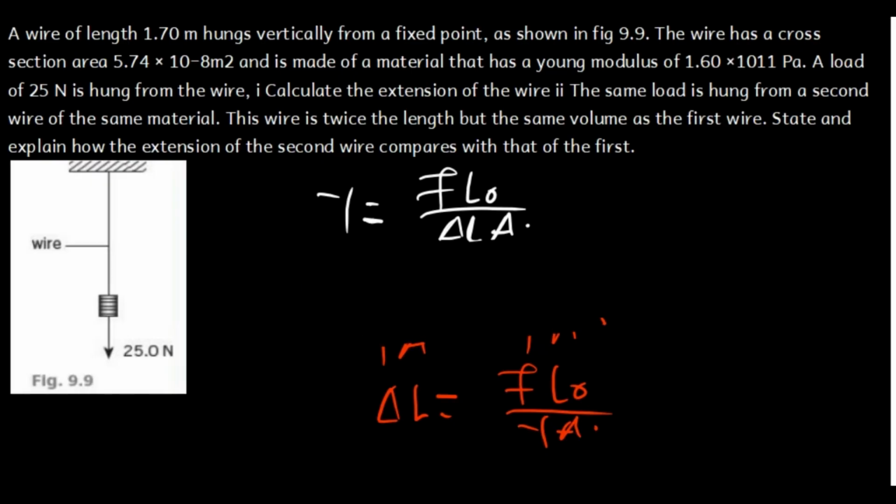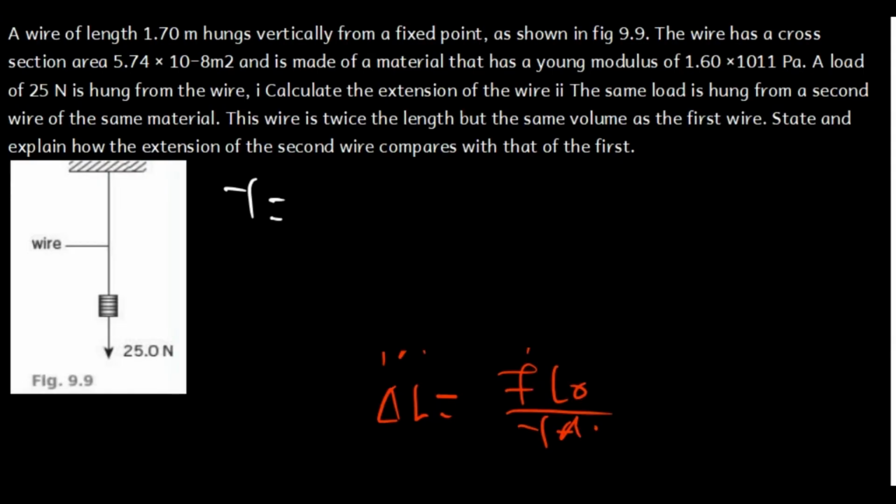The force, we have been told from the question that the force is 25, as you can see here. Okay, what else? We have the length of the wire, we have been told that it is 1.70.